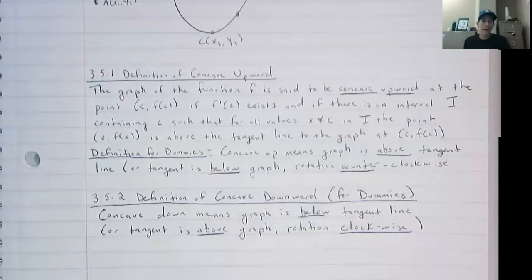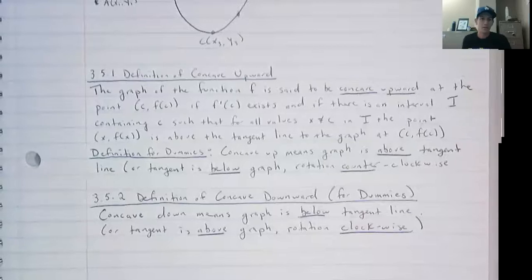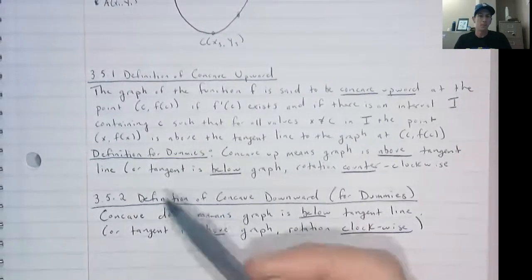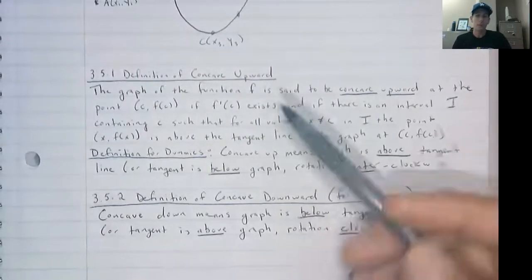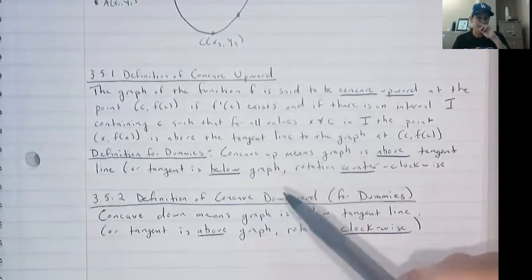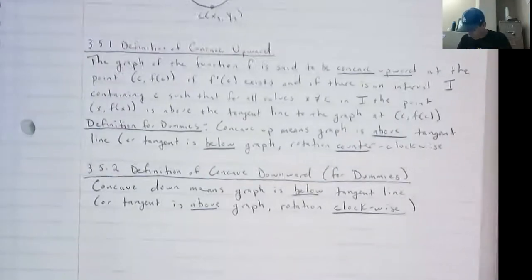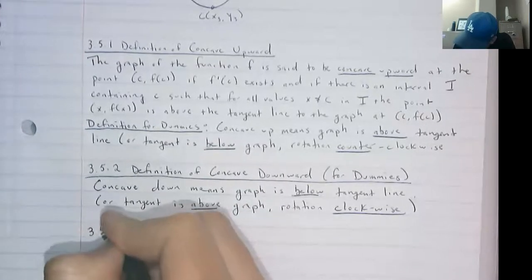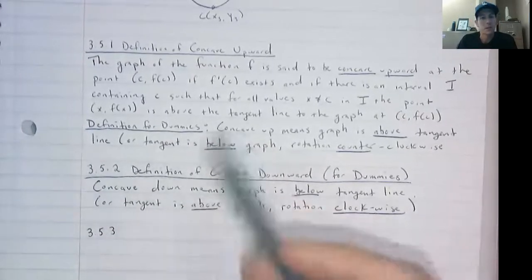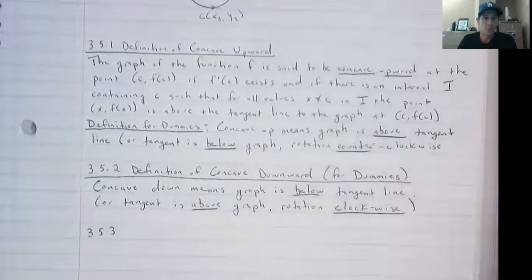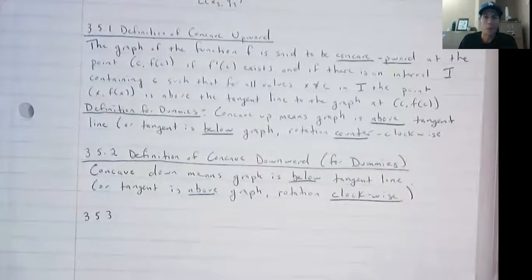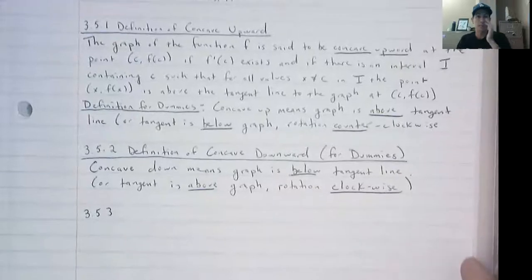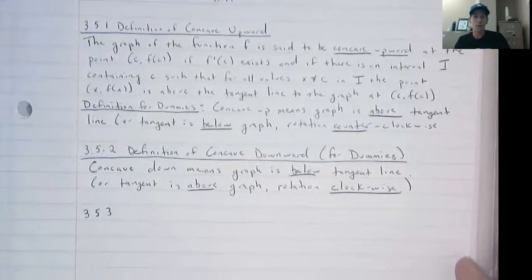And then what we actually care about and what we will actually use, well, we care about this, but the analytical thing that we will do with this information about concavity is use the second derivative. And so we have a theorem, 3.5.3, that turns this into an analytical tool for us. How do we figure out where these concave up and concave down sections or points are?